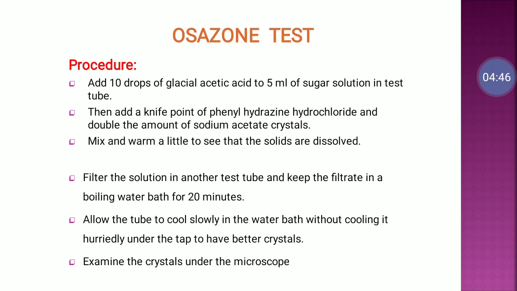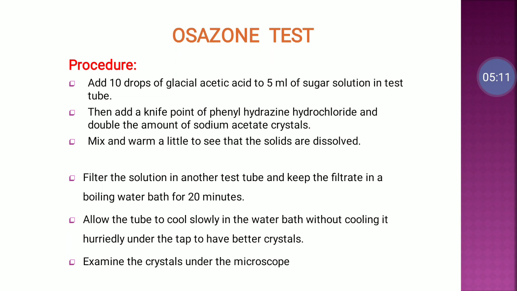Next but very important test is the osazone test. This is the basic procedure for the osazone test. We will add 10 drops of glacial acetic acid to 5 ml of sugar solution in a test tube. Then we will add a small knife point quantity of phenylhydrazine hydrochloride, and we will add double the amount of sodium acetate.